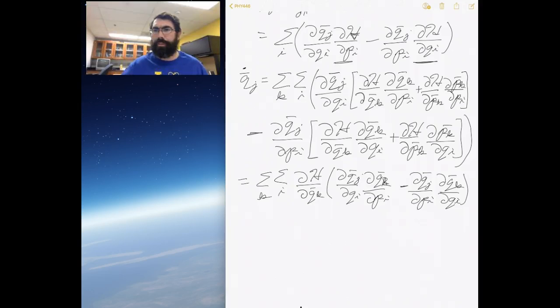So that's just grouping together the terms right here and the terms right here, and what that gives me is a Poisson bracket.